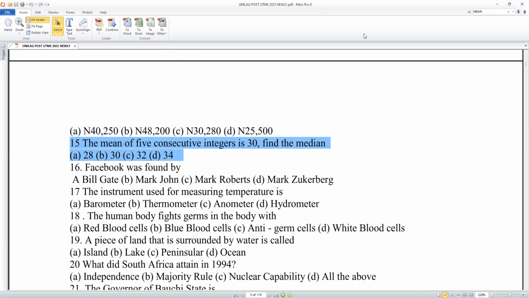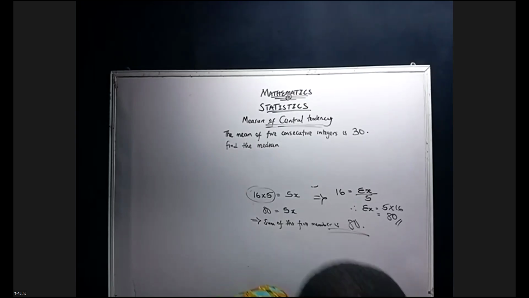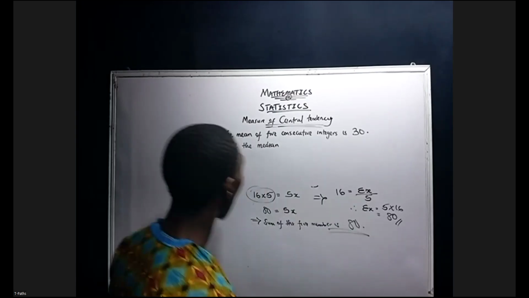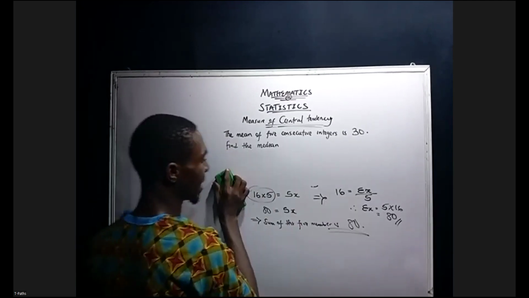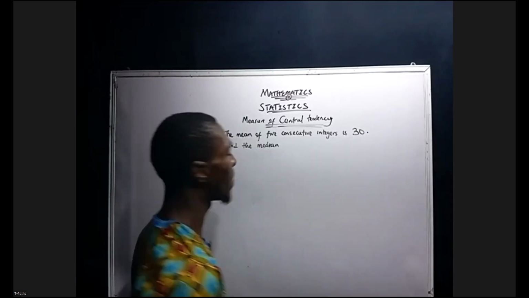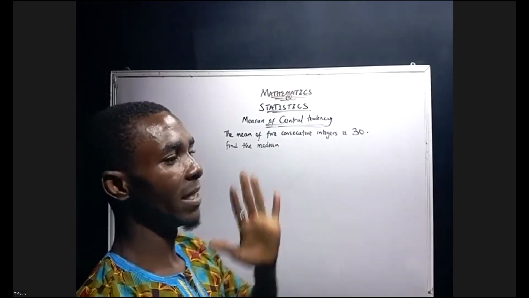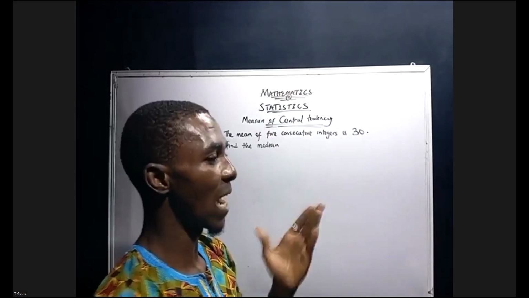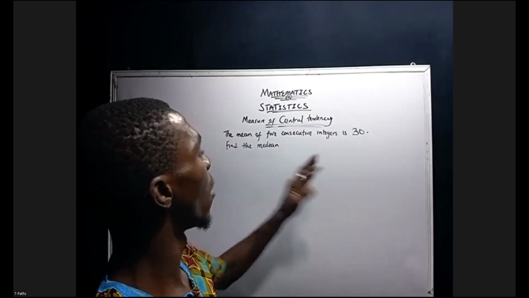This question introduces us to median, but we will solve the question together. The question has the idea of mean in it. Now, what do we mean by median? From the word median, medium, media, it means the middle number. The middle number is what we are told to look for here.